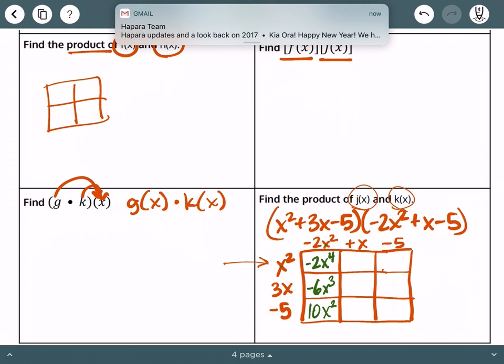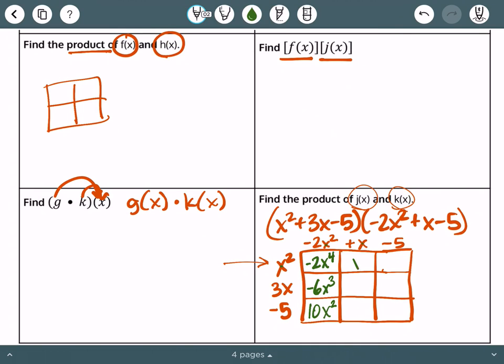I have x squared times x, which would be x to the 3rd power. x times 3x is 3x squared. x times negative 5, negative 5x. Negative 5 times x squared. Negative 5 times 3x is negative 15x. Negative 5 times negative 5 is positive 25. So one more time, I can see still that the like terms are on diagonals.